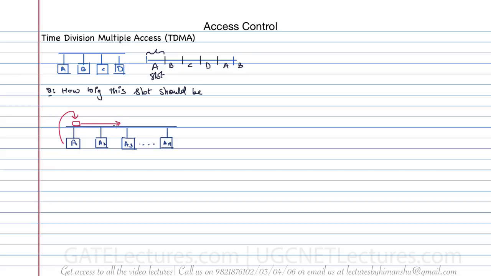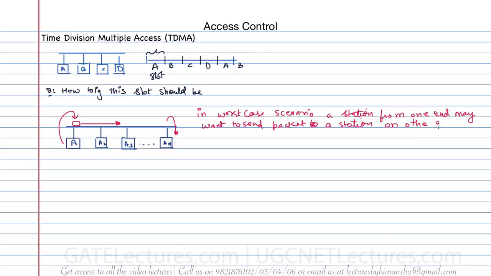Then station A1 will send these packets to station AN, and then station AN should be able to receive them. So in the worst case scenario, a station at one end may want to send packets to a station on the other end.